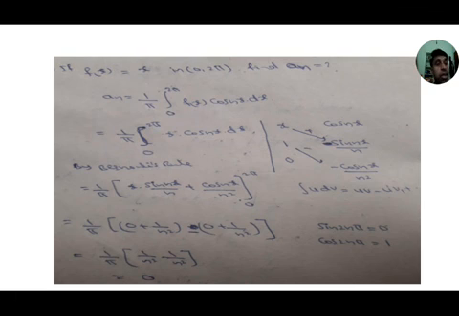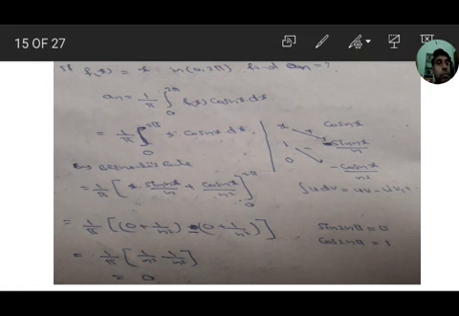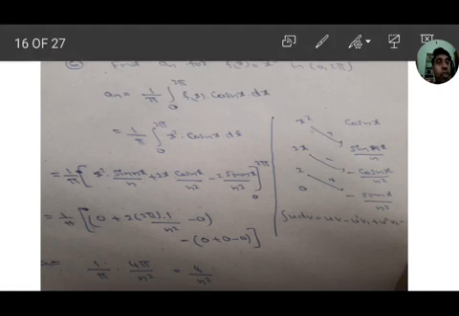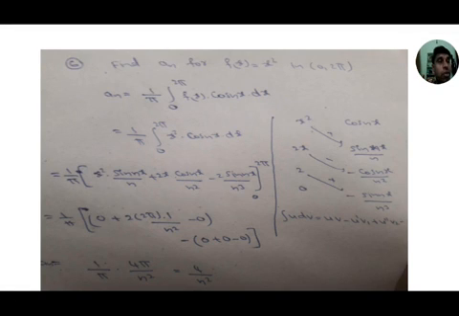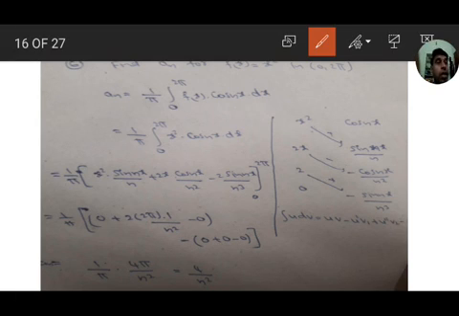Let us move on to the next problem. Find an for f of x equal to x square in the interval 0 to 2 pi. Here f of x equal to x square in 0 to 2 pi.